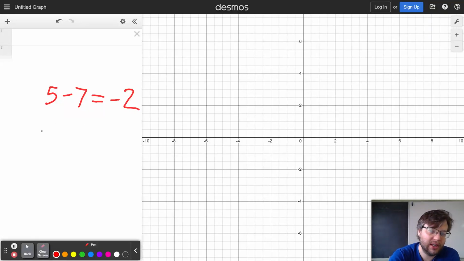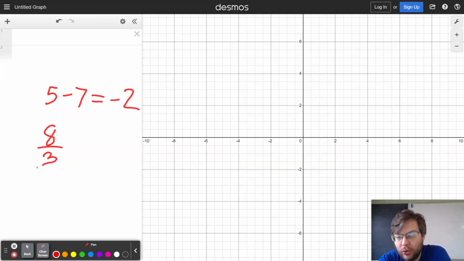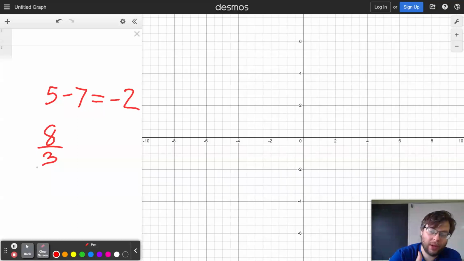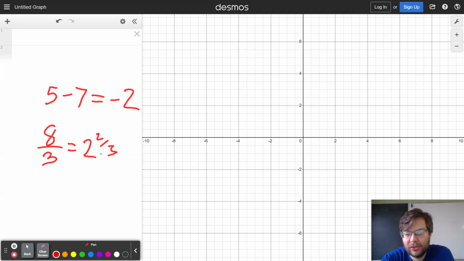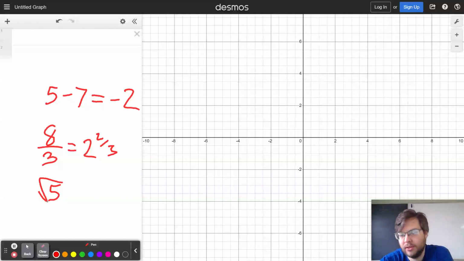Similarly, if you're a little kid and I asked you to do 8 divided by 3, you might say 3 doesn't go into 8. But it's a perfectly reasonable thing to say, well, okay, what if it does? 3 goes into 8 2 times with a 2/3 remainder. And you start realizing that that fills in a lot of the gaps on the number line. There's still an infinite number of gaps to questions like, what's the square root of 5? Well, the square root of 5 is just another number that fills in that gap.